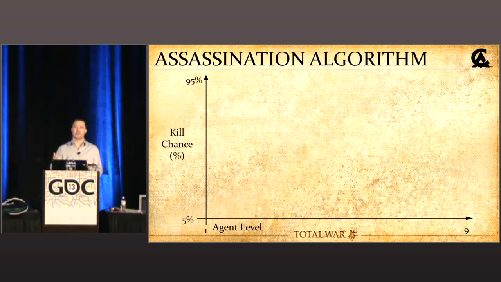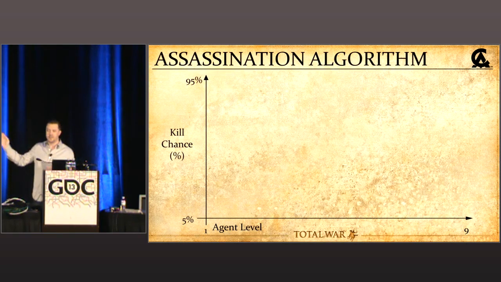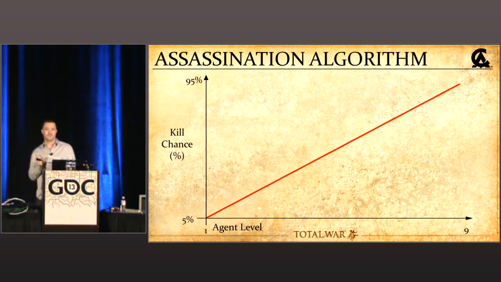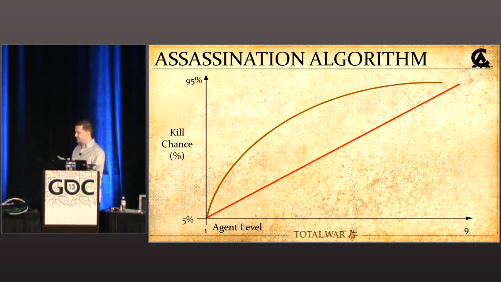Let's say the target is a level 5 target, so in the middle there. So how do we want this to look? Maybe we want a linear curve. Maybe we want the success chance as the assassin improves to increase linearly like that. Maybe we want a diminishing return, so adding in sort of counterbalancing negative feedback.